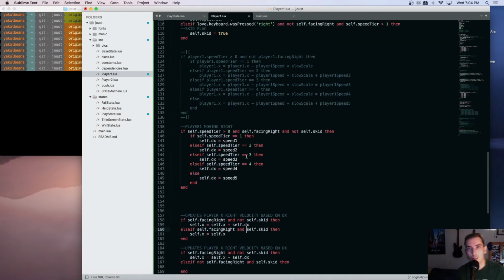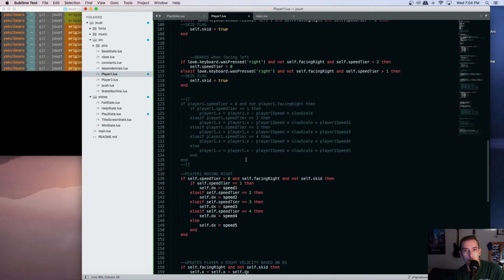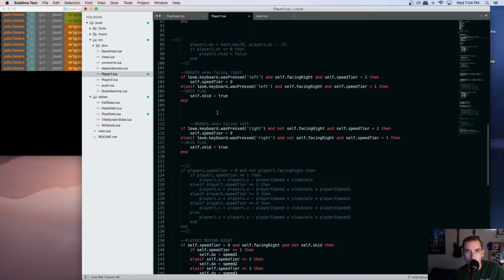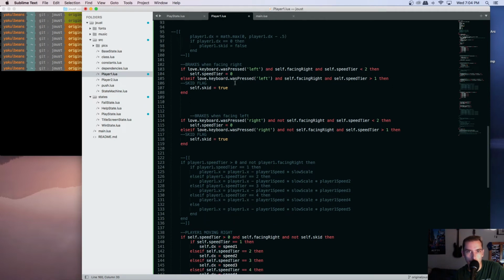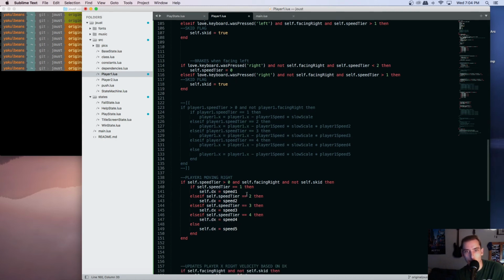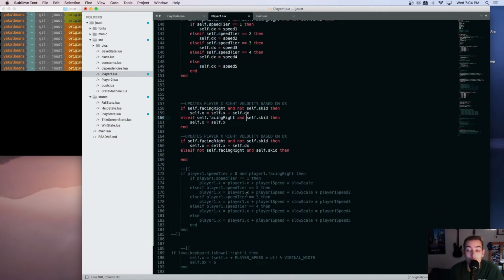So do I set to speed tier 0 as soon as the brakes are hit? I only do if it's speed tier 0 or 1. So that's good. So I need to set speed tier to 0 only when dx hits 0 once the skidding is done.